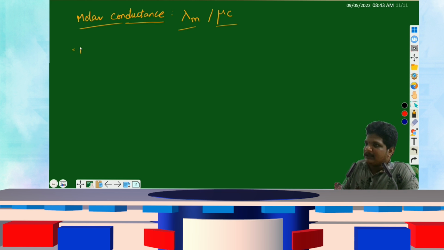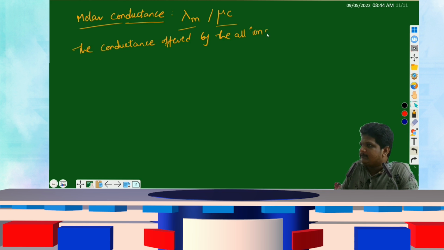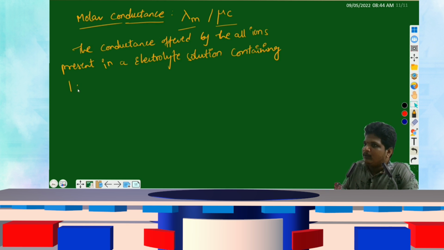The conductance offered by all ions present in an electrolyte solution containing 1 mole of electrolyte.